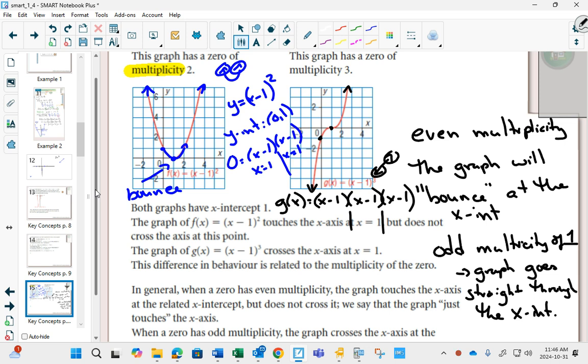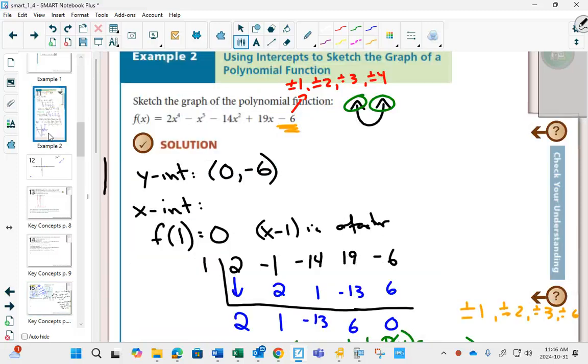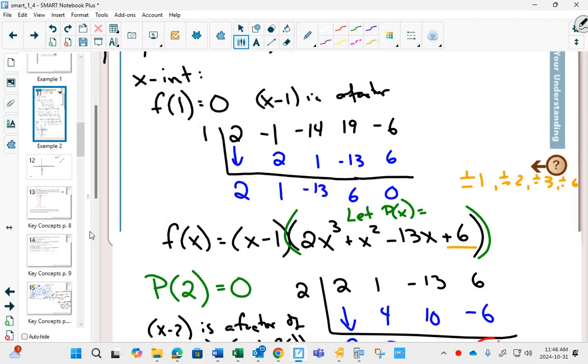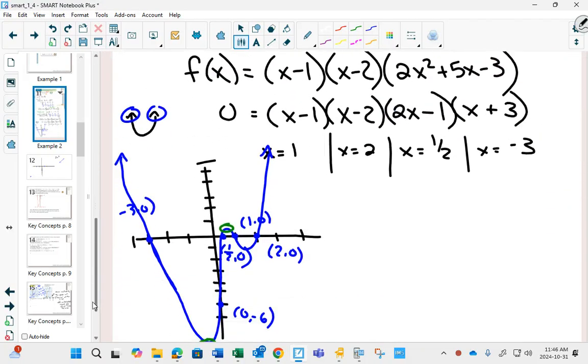If the odd multiplicity is 1, your graph went straight through that x-intercept. That's what we had in our previous example right here. Right? It went straight through this x-intercept, straight through this x-intercept, straight through this x-intercept, and straight through this x-intercept. Because each of these happened once.